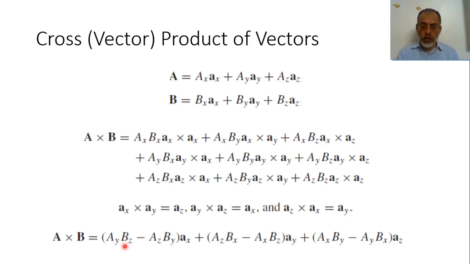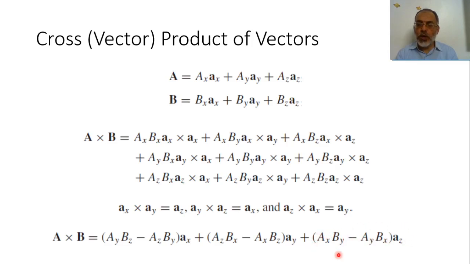AY multiplied by BZ minus AZ multiplied by BY in the X direction, AZ multiplied by BX minus AX multiplied by BZ in the Y direction, plus AX multiplied by BY minus AY multiplied by BX in the Z direction.